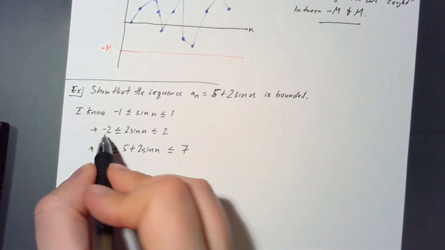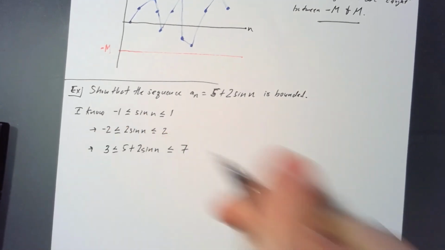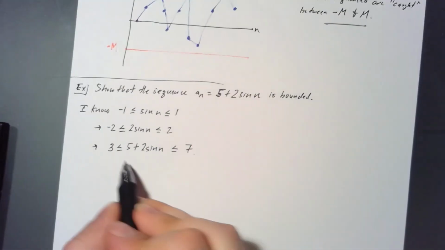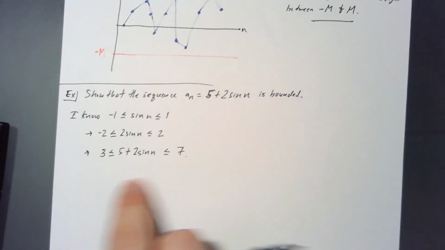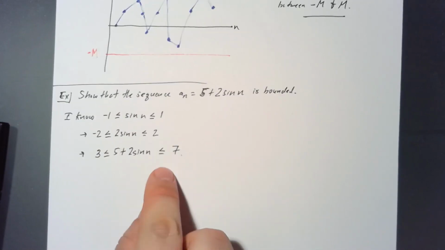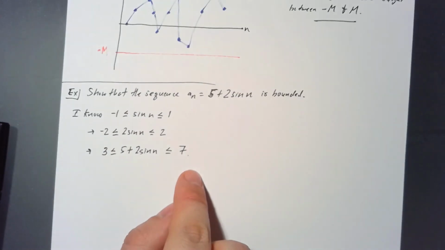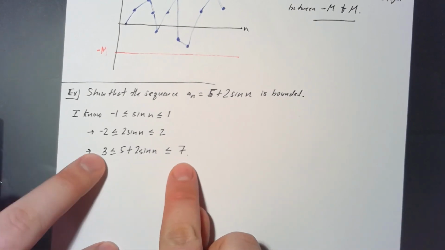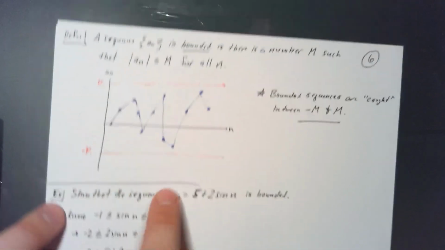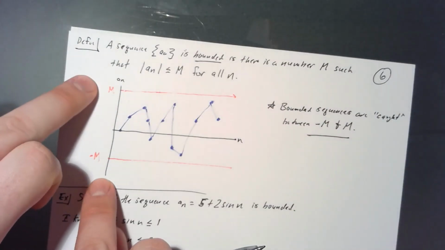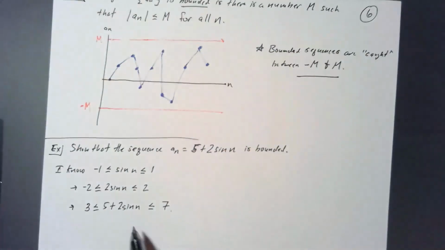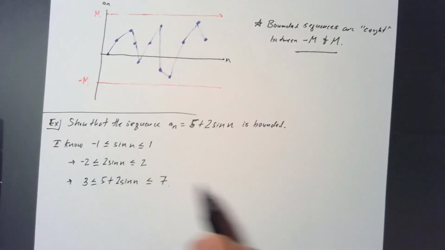And if I add 5 to negative 2, I get 3. So this is my sequence. Based upon this, what do I know? The sequence is caught between two values, 3 and 7. It's never going to go beyond those two values, so I could say that the sequence is bounded.